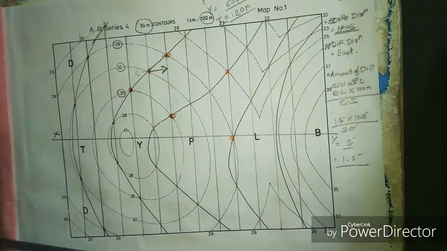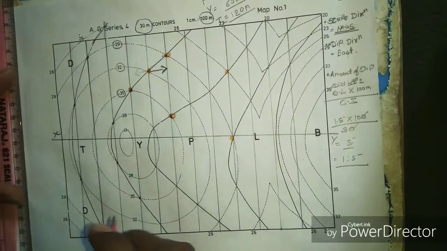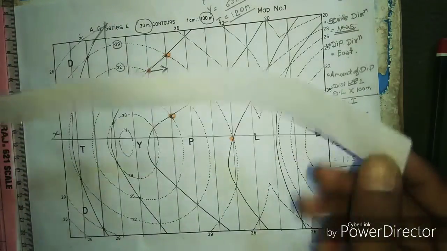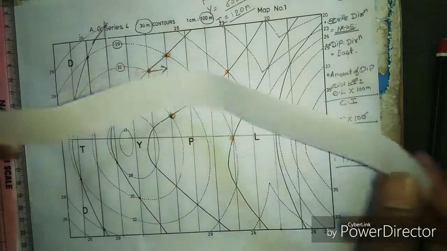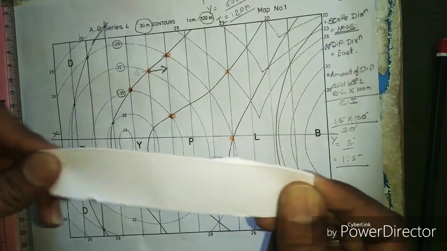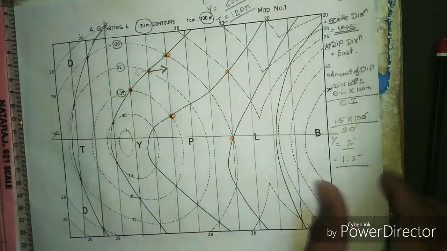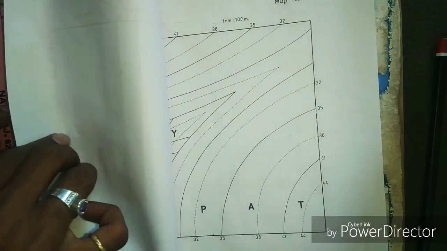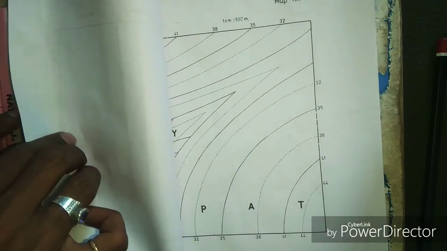Then you have to make this type of strip of paper. Get the center point of the paper and the center point of these two axis points, like this way.